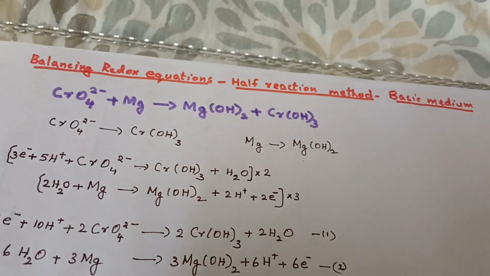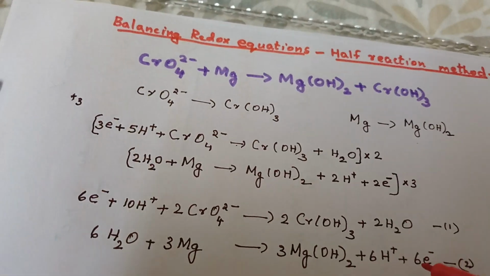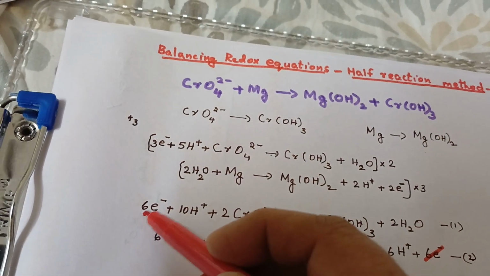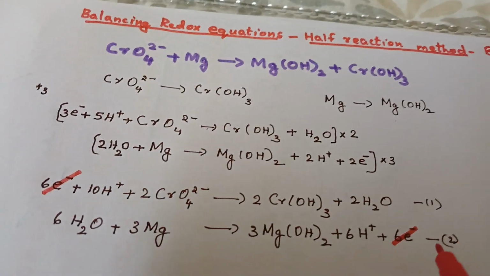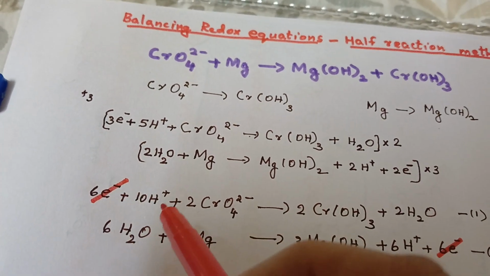Now before adding, we can cancel out the electrons. 6 electrons on the right hand side, 6 on the left hand side. They are gone. Now what else is common? We have 6 H plus ions here and 10 H plus there.